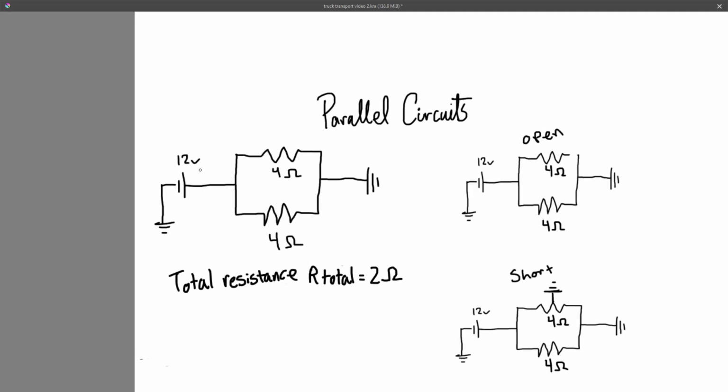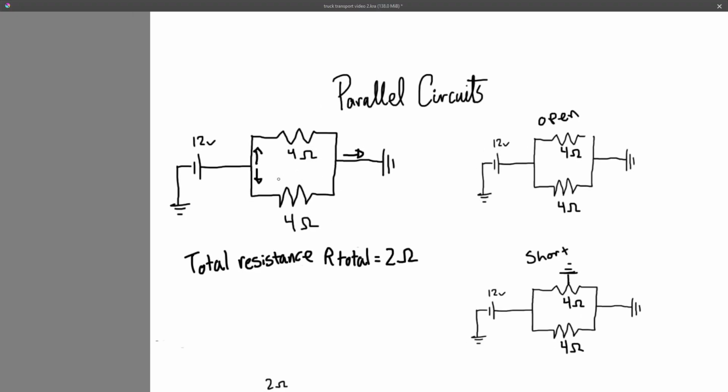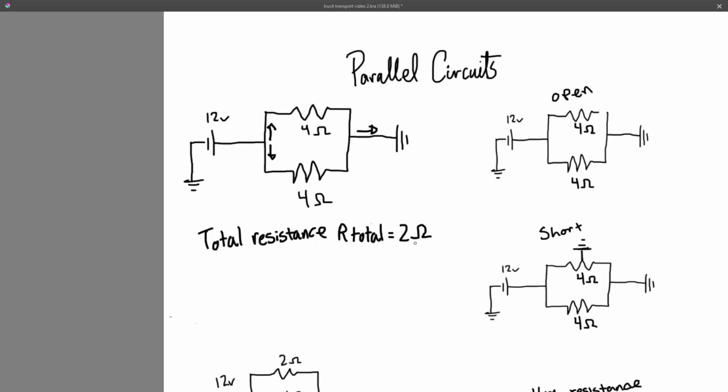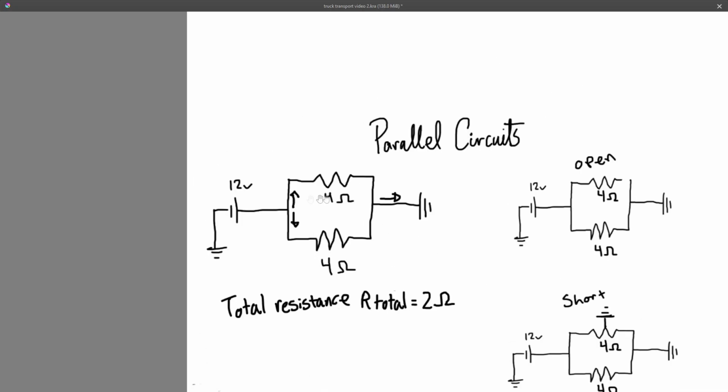We have 12 volts flowing. The amperage is going to get split in between. It can't be the same amperage. The amperage gets split in between the two circuits, and it comes back and flows at the same amperage coming out. So if resistance gets halved for total resistance, that means amperage is double. And what that means is the amperage here is double the amperage going across this circuit.